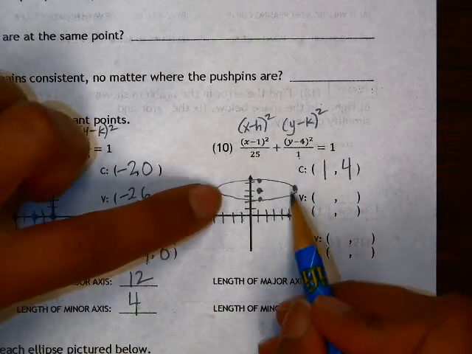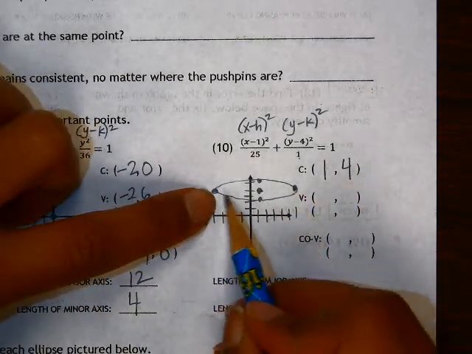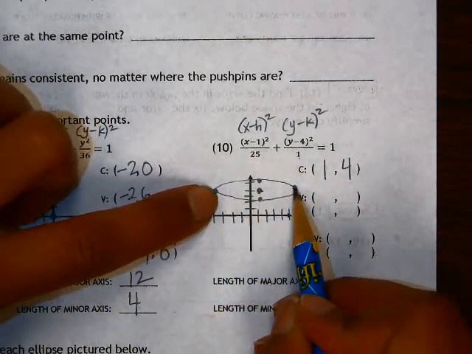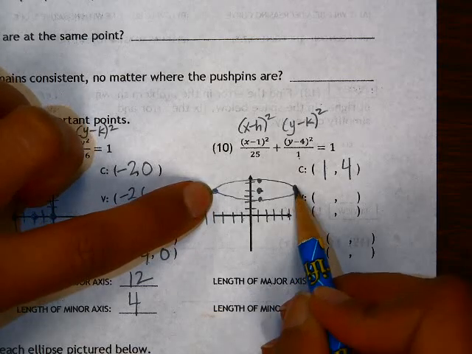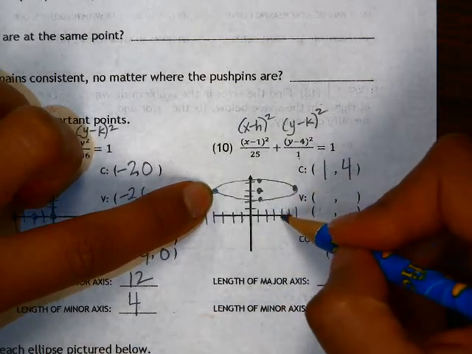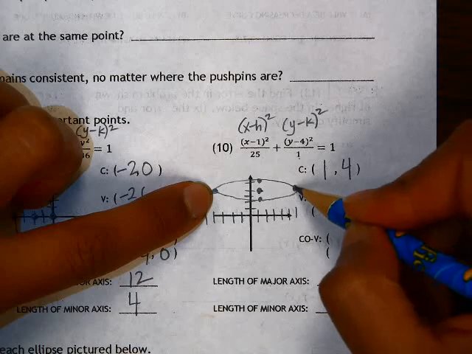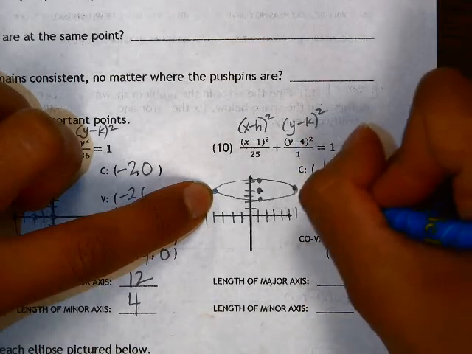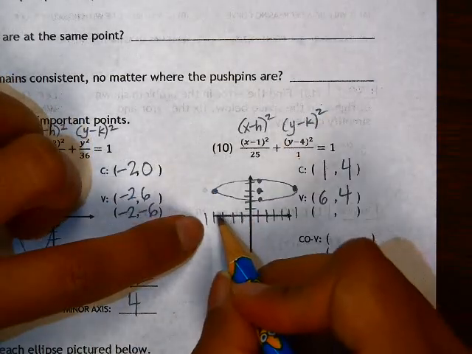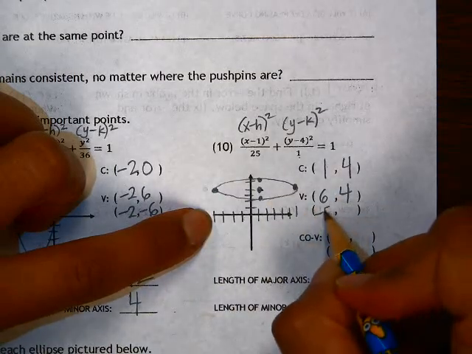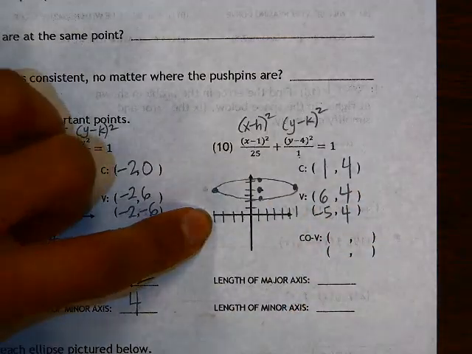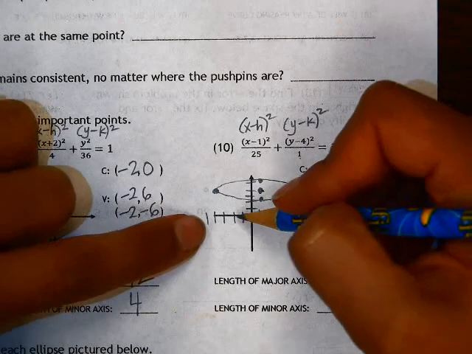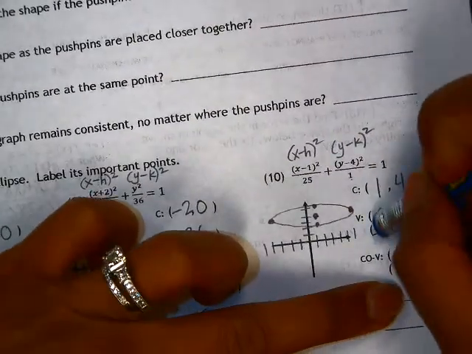The vertices in this ellipse, the major axis is in the x direction. So the vertices will be here and here. So the points are at 6, 4 and negative 5, 4. Or actually that's 1, 2, 3, negative 4, 4.